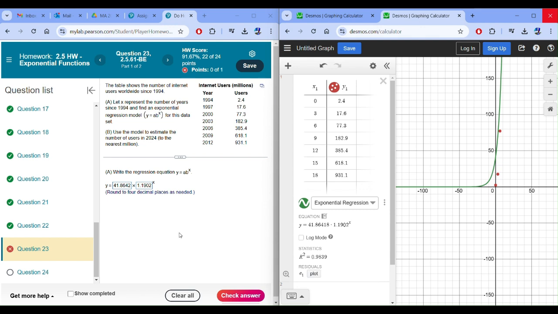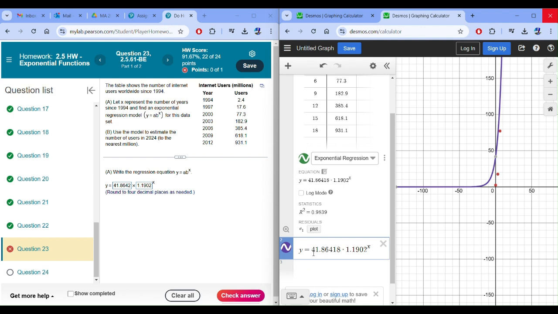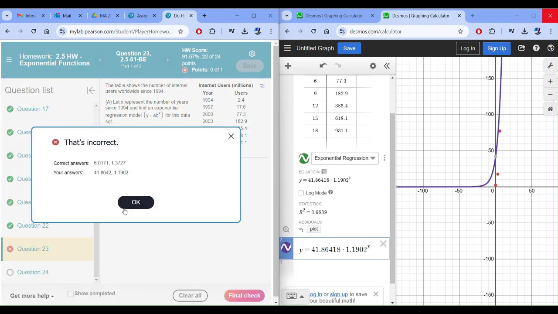A times B to the X: 41.8642 times 1.1902 raised to the X. My graph doesn't look good though. I'm really off. Why is that?